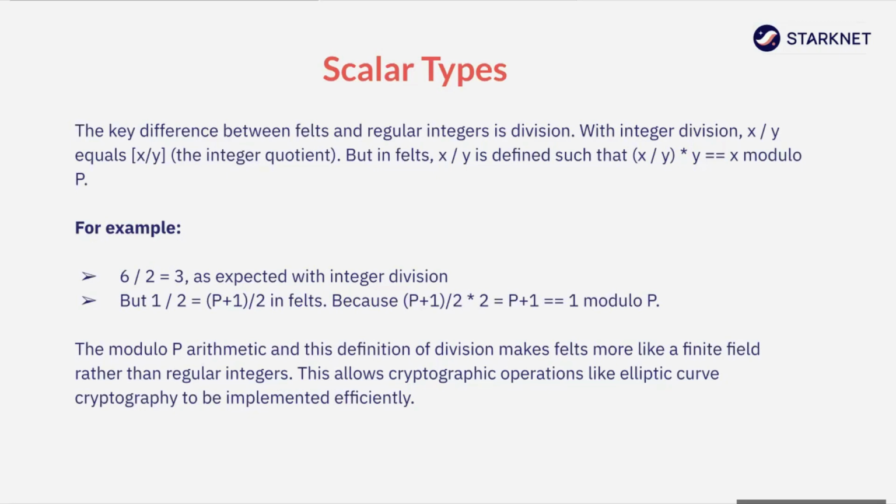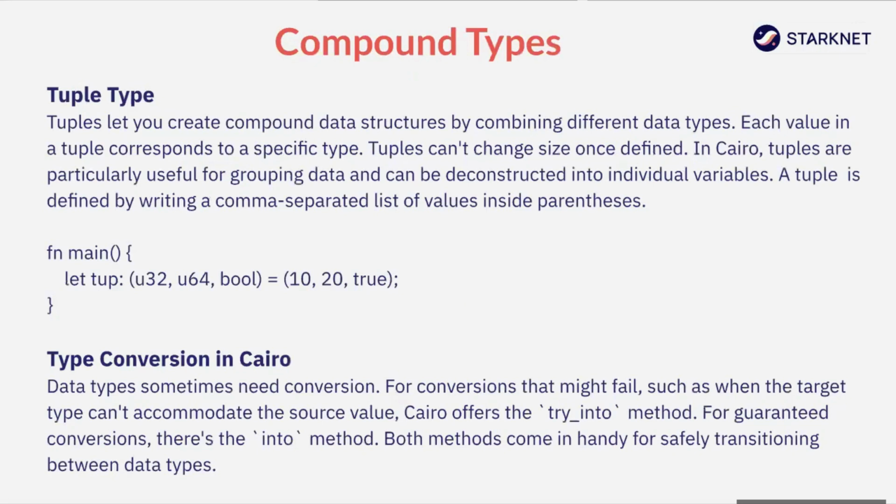I think that's why Cairo chose felt, so you can use it to do all this ZK stuff that they do under the hood, right? That's just that. So moving on to the next, we have compound types.